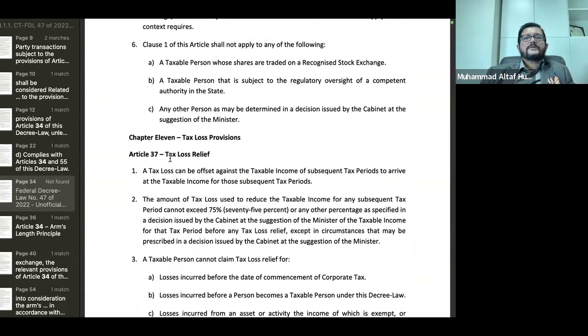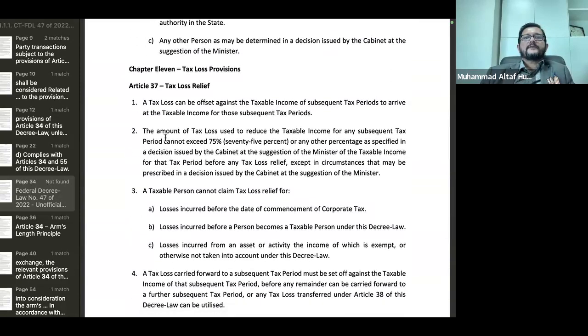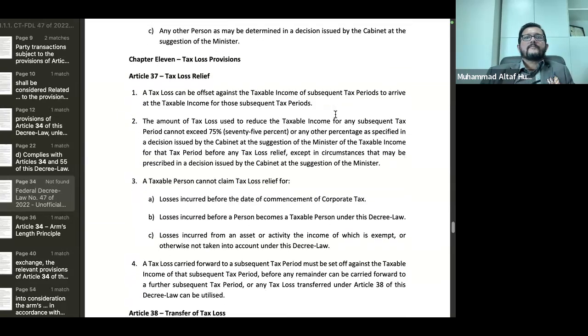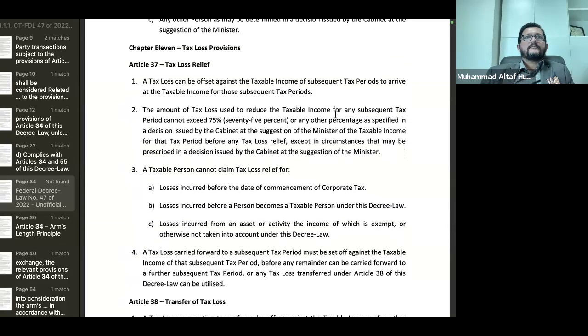Okay. Then we come to Article 37, tax loss relief. Tax loss can be offset against subsequent periods. So in that case, do we consider the loans given to the shareholder? They will also come into question, because there is a money value there. Even the time value of money is important.